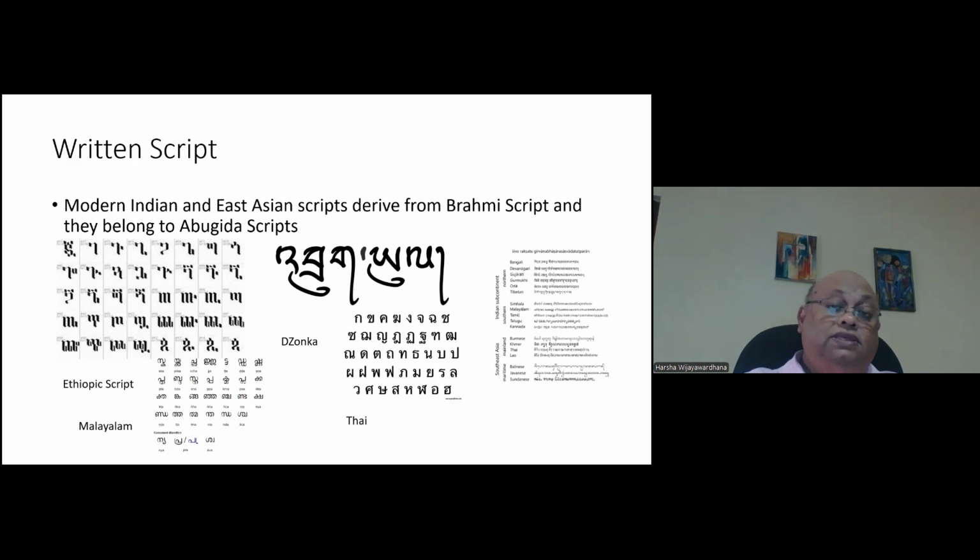So all these scripts actually derive from the Brahmi script. I have talked about the numerals, but I have not yet talked about the Abugida scripts themselves, the letters and characters.